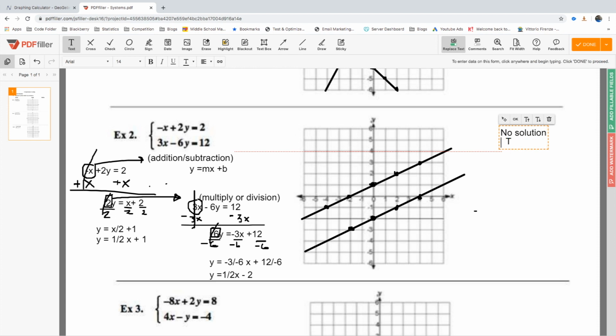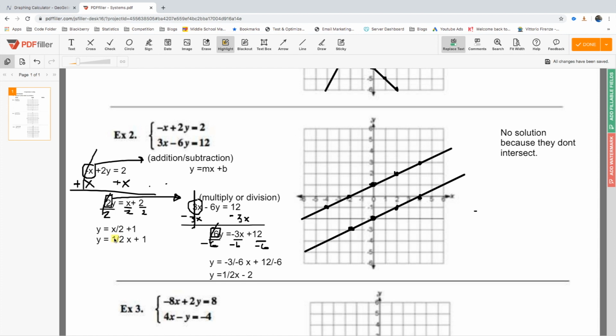And it is a no solution because they don't intersect. Okay, that means they have nothing in common. Because this is a no solution, they don't intersect. And I'm just going to go ahead and interject one particular thing here.